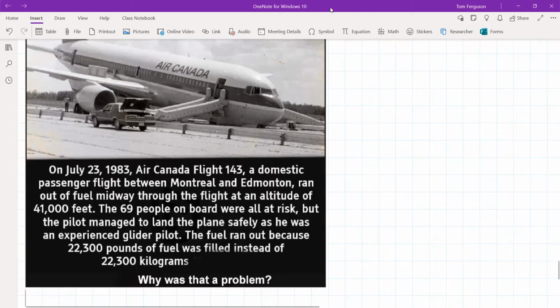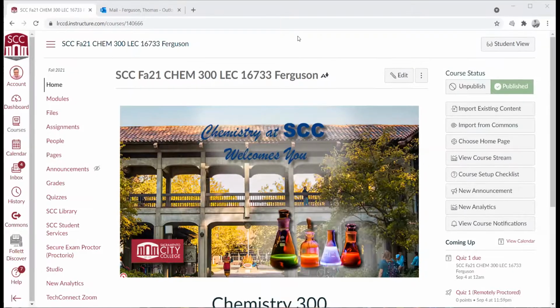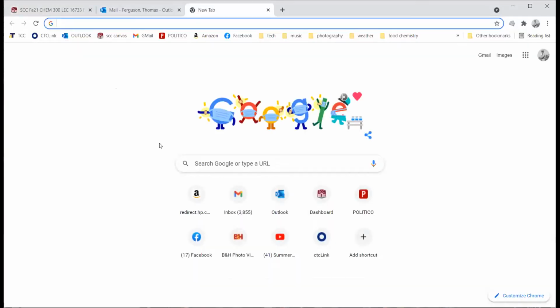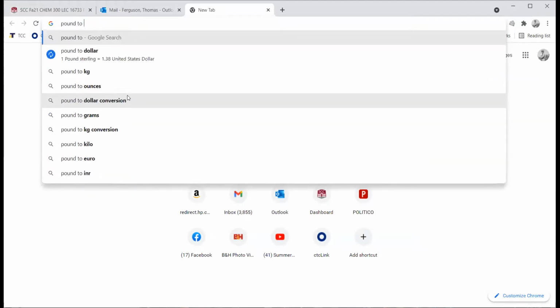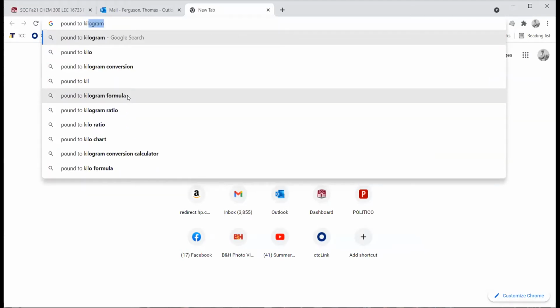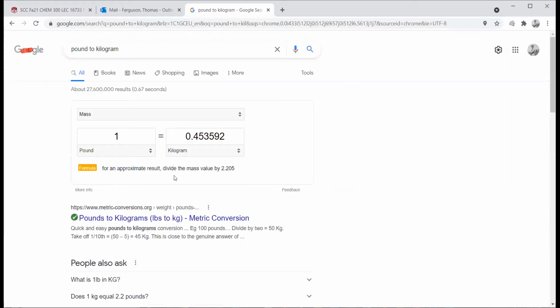Kilograms are larger, there's a difference in size. If we were to look up pound to kilogram, it appears like a kilogram is more than a pound, or a pound is less than a kilogram.